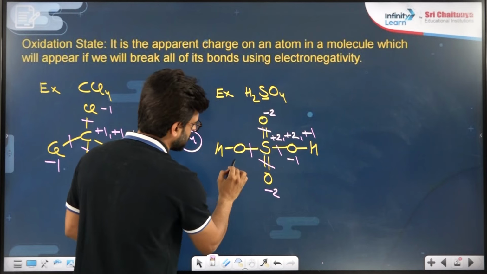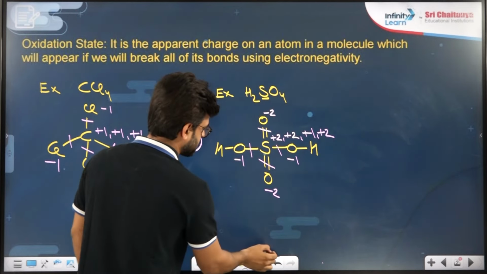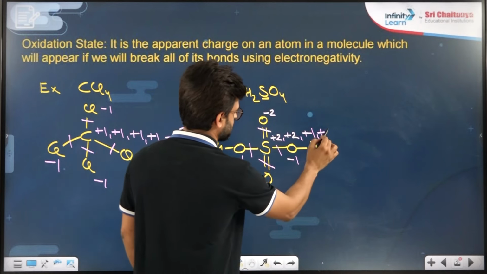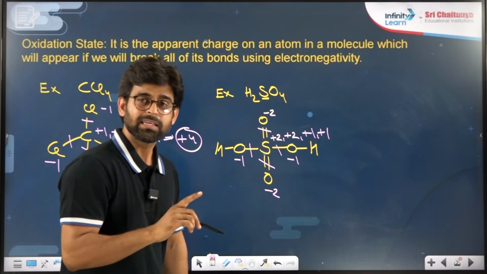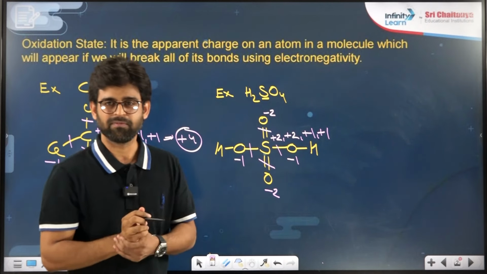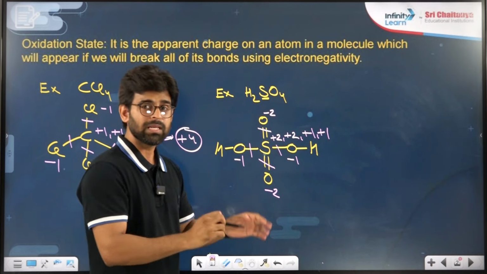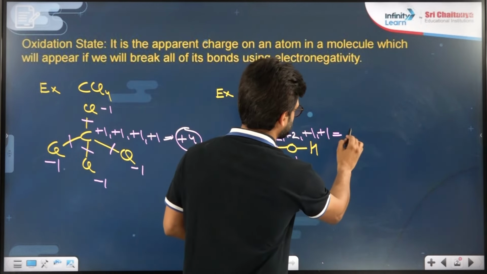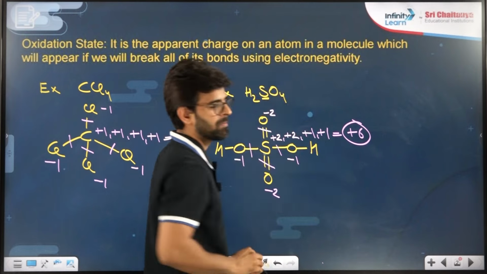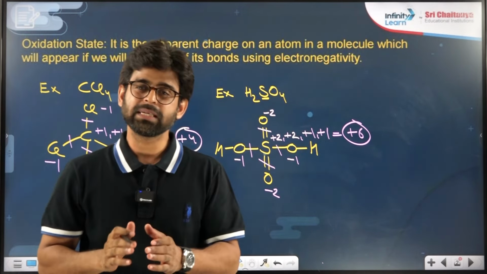Here I am breaking one bond, so oxygen gets -1, and here we get +1, right? So overall, I have broken all the bonds of sulfur, right? From these bonds: +2, +2, +1, +1. So overall, sulfur will get how much charge if I break all the bonds? +6, right?